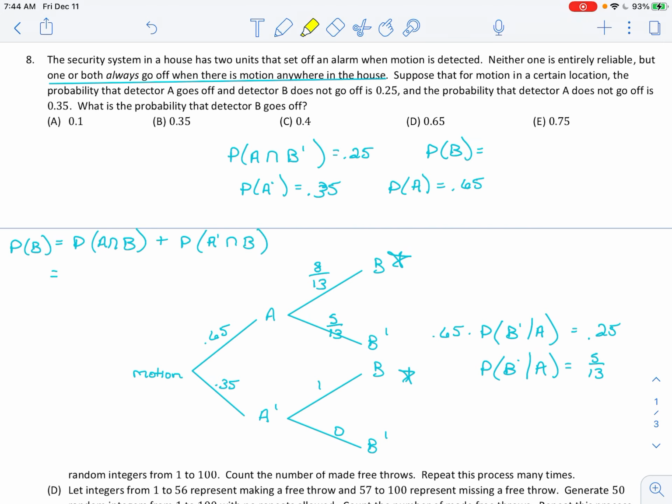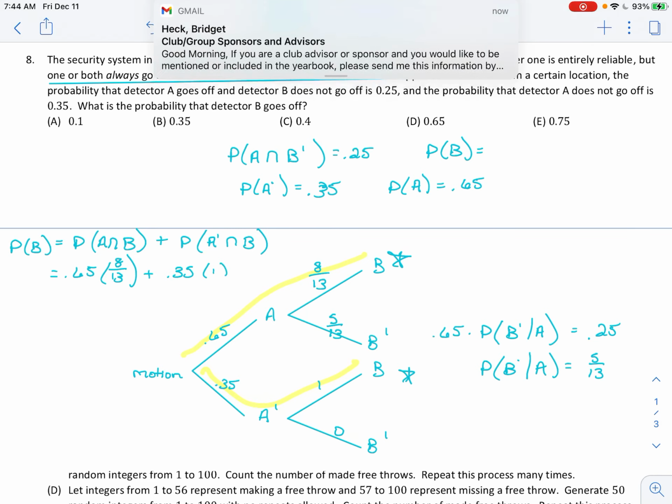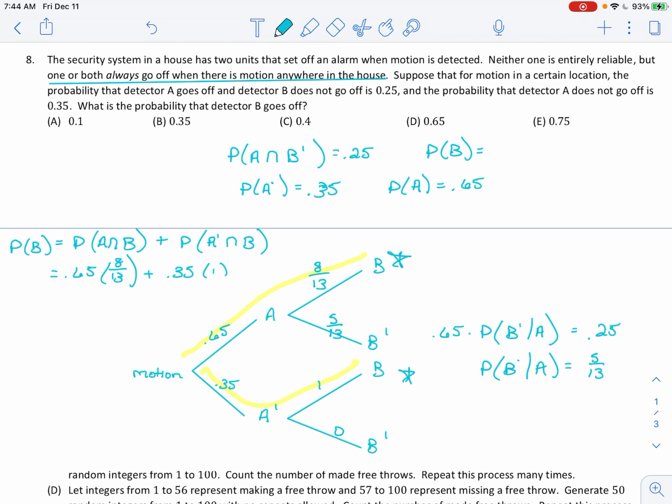So this just turns into the product of this branch, so 0.65 times that 8/13, plus the product of this branch, which is 0.35 times 1. So when I multiply those together, I get 0.75, which is why the answer should have been E.